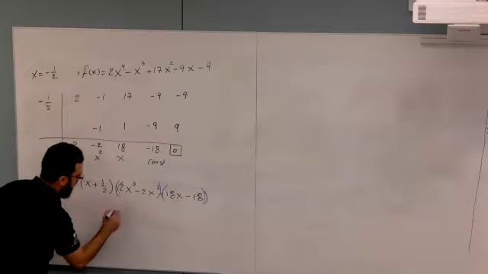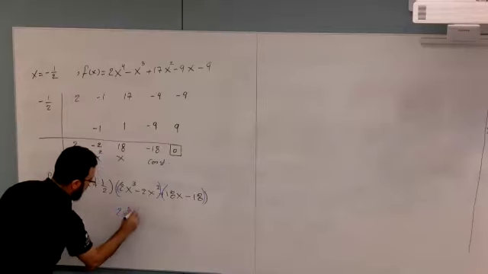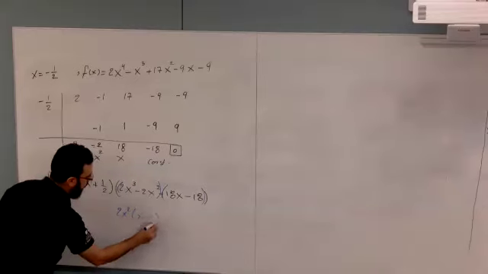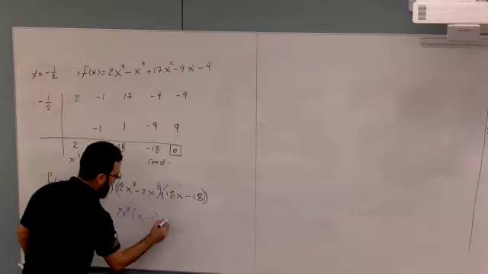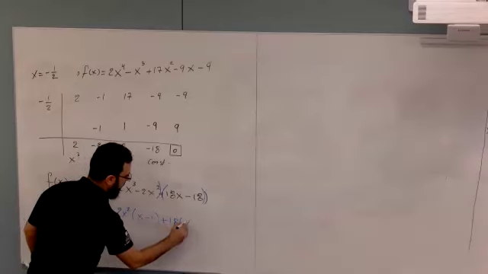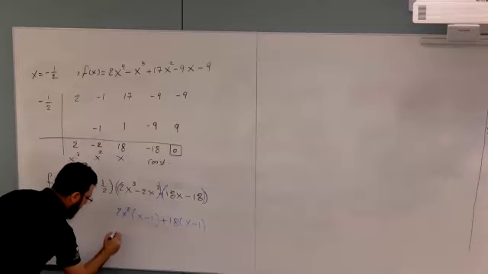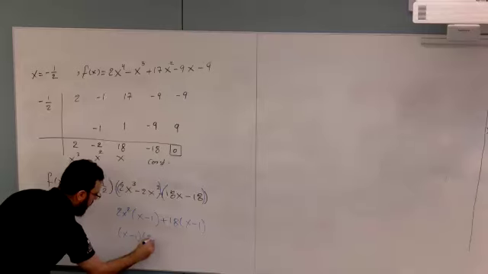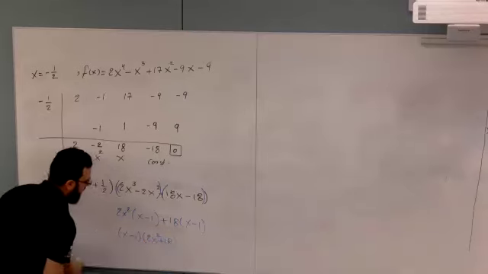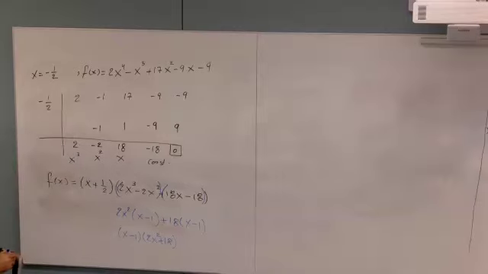What's the common factor here? 2x squared. What's left? x minus 1. What's the common factor here? 18. What's left? x minus 1. So x minus 1 and x squared plus 18. Is that okay?